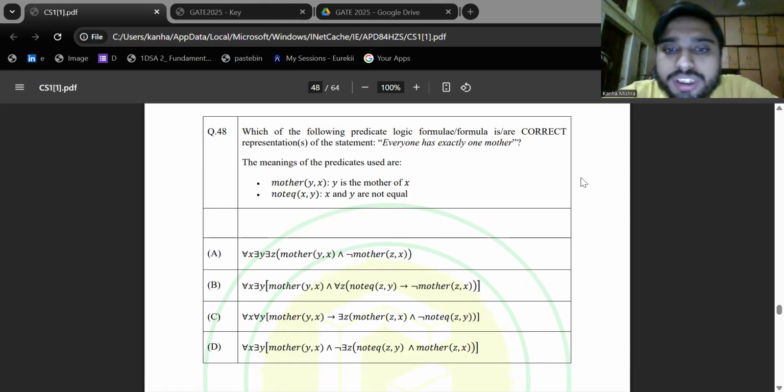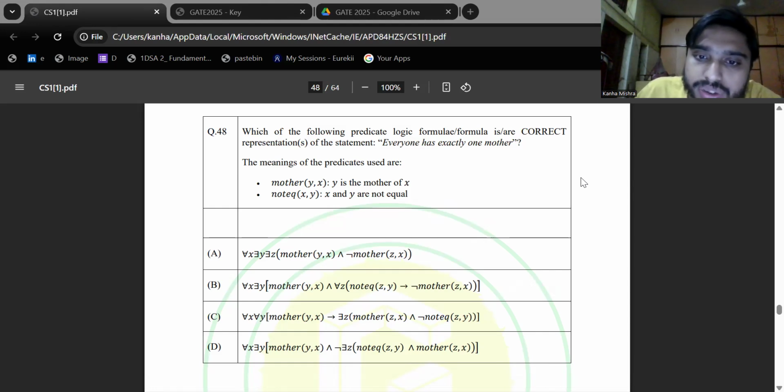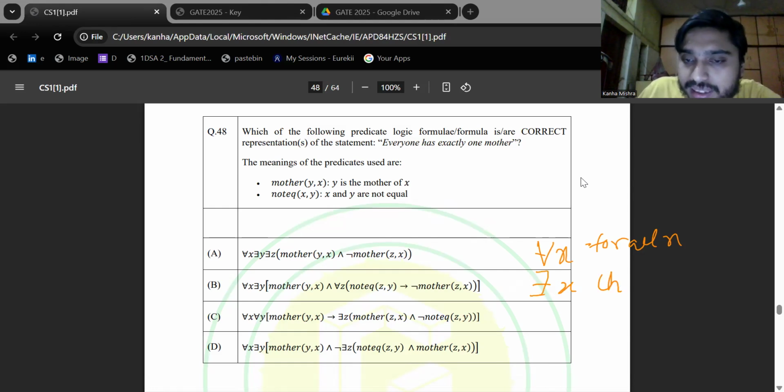So in order to solve this question, let's understand the predicate logic basics. Predicates are properties or relations about objects. Here, mother(y, x) means y is the mother of x. Quantifiers: this is for all x, and this is there exists an x.